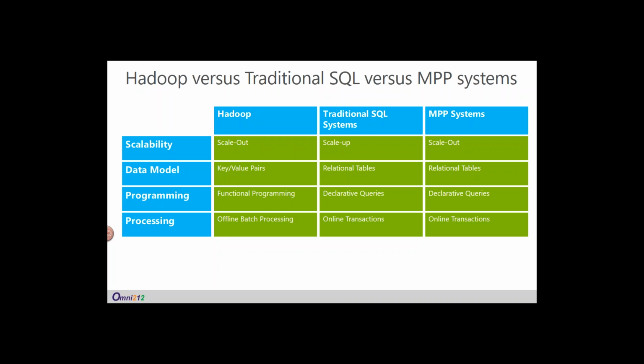For processing, Hadoop is optimized for offline batch processing tasks for huge files extending to GBs and TBs. And as we already saw, the reason for this is that Hadoop is the only system capable of splitting a single file across multiple nodes.